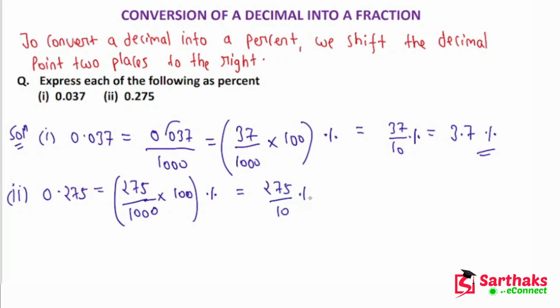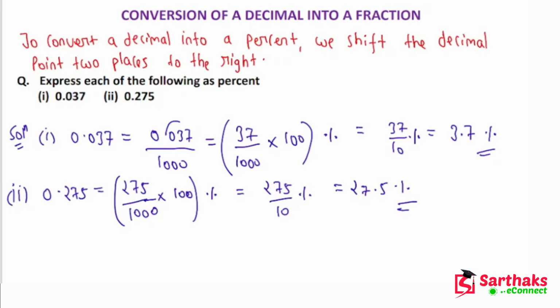So it would be 275 upon 10%, which is nothing but 27.5%. Now here if you apply the method, you just have to shift the decimal two places to the right and it would be 27.5%. So it is absolutely easy, whether you go by the conventional method or by just shifting the decimals. Percentage and its applications are quite easy to use when you know the correct method.